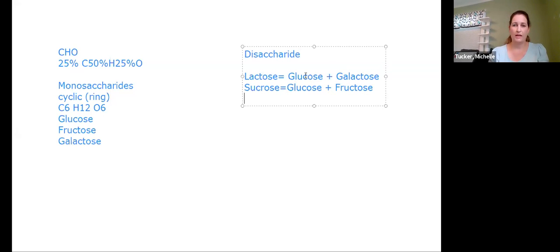And then the last one is, if you have a beer this weekend, assuming you're over 21, you would ingest maltose, which is glucose and glucose that have been joined together. Okay, so those are disaccharides. So 2 monosaccharides put together.